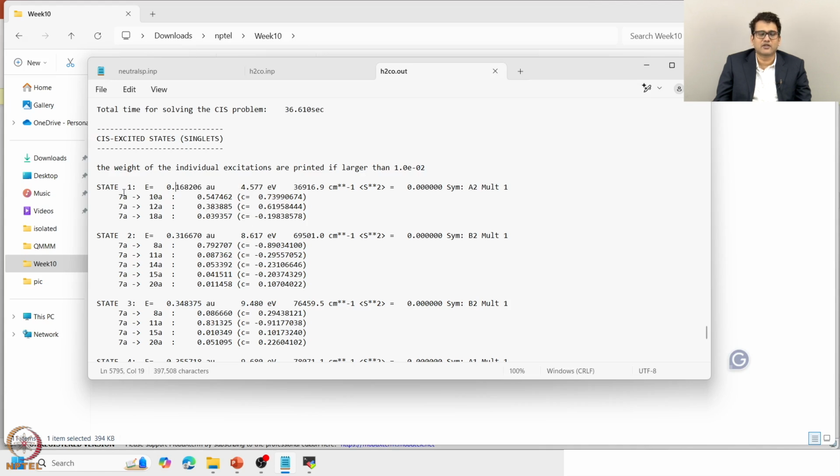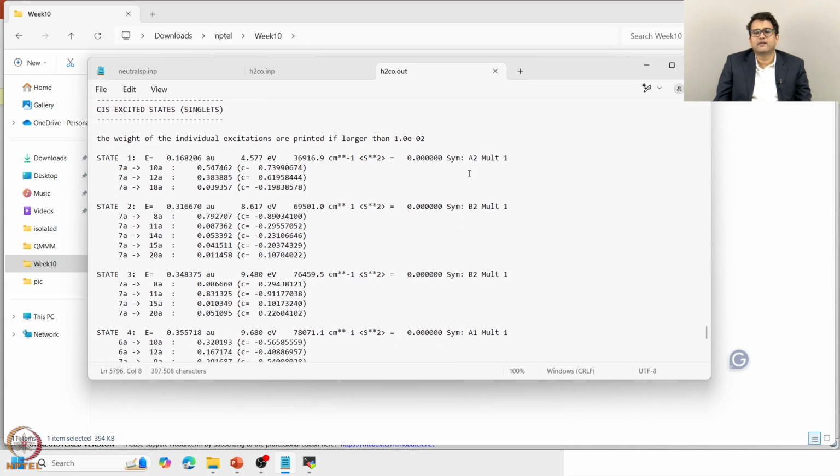So, 7 is the HOMO in this case, and this is LUMO plus 2, and this is LUMO plus 4, and this must be LUMO plus 10. So, these 3 are the dominant transitions in this case. There are many other smaller transitions which are possible. This transition actually has the highest coefficient, so I will characterize this state by looking at this transition.